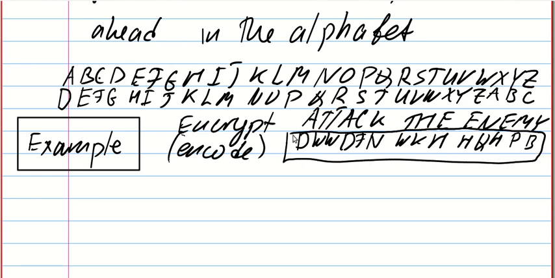So basically we move each letter 3 units up in the alphabet. That's a relatively easy idea.